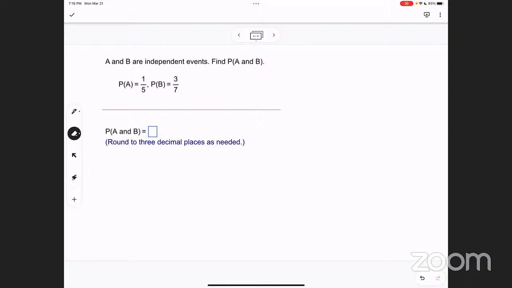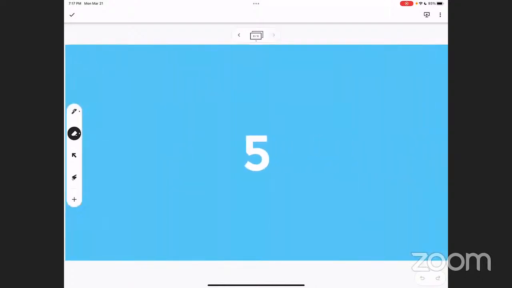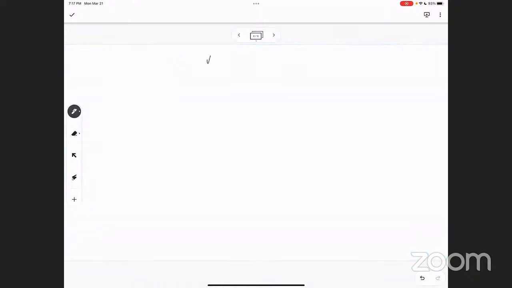So mutually exclusive means that they can't both happen at the same time. If A and B are mutually exclusive, that means that the probability of A and B, both of them happening, is 0.